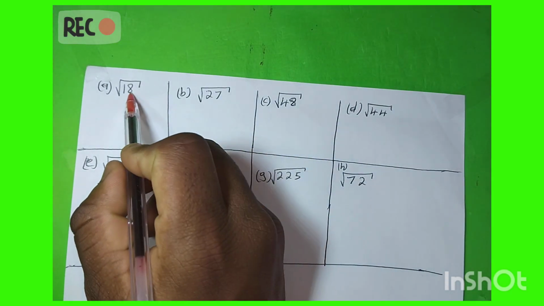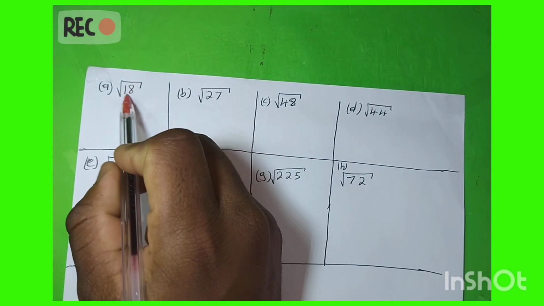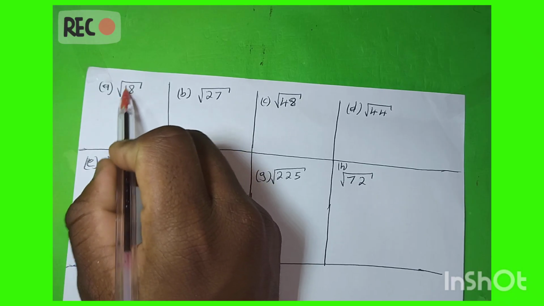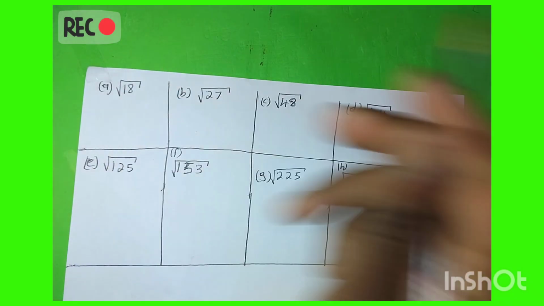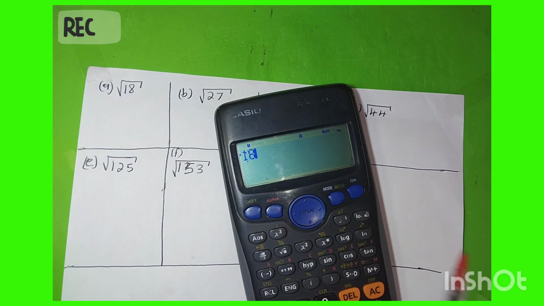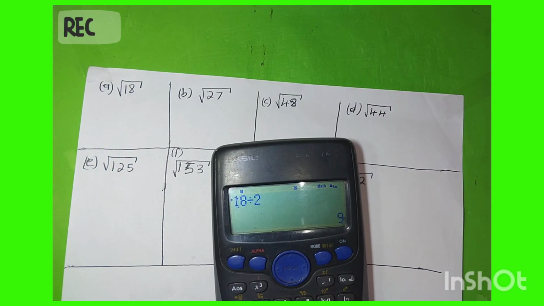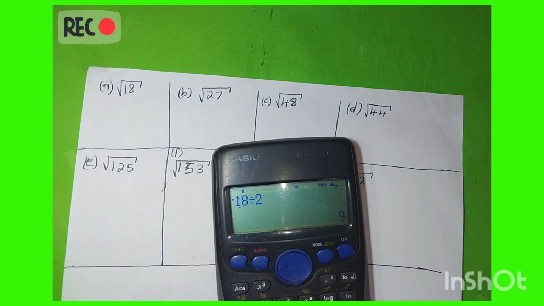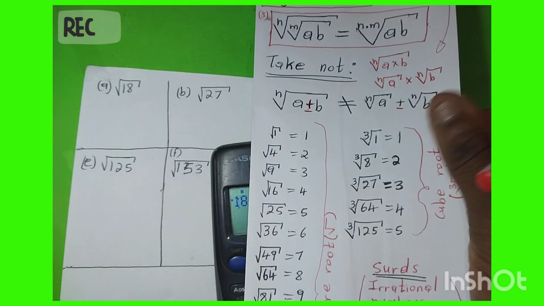What you should do here, guys, is try to introduce a perfect square. For you to introduce a perfect square, we can say here 18 divided by 2. Do you see? So here we get 9, and that 9, guys, I told you it's a perfect square.